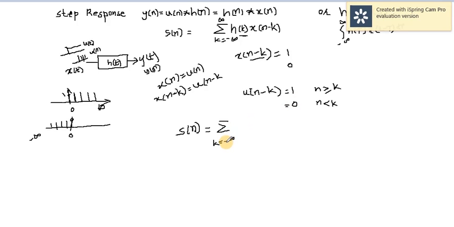So let k take a value equal to n, because the maximum value k can take is n. When k is n, we get u of 0, and if n becomes less than k, we get u of minus 1, minus 2, so the signal will be 0. So this equation turns into the summation of k from minus infinity to n of h of k.